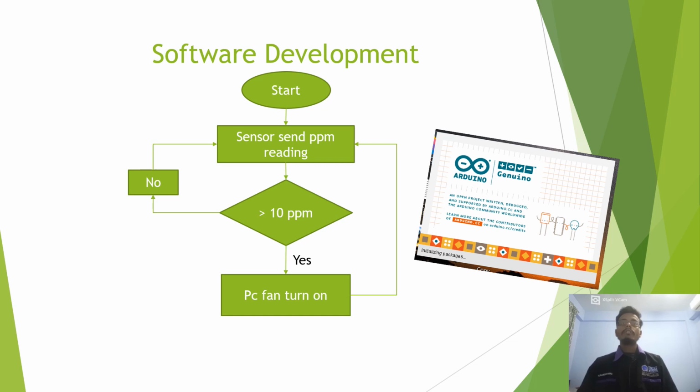This is the software development part. Once the sensor is working, the system will start. The sensor sends the ppm reading to the Arduino. If the ppm reading is more than 10 ppm, the PC fan will be turned on, and if it is less than 10 ppm, the system will loop back and wait for input from the sensor.